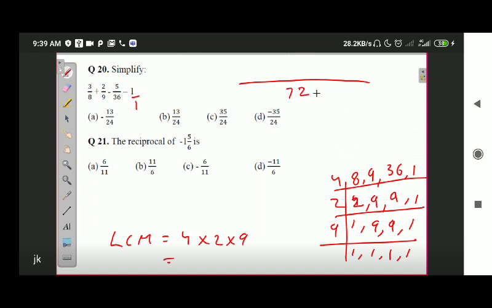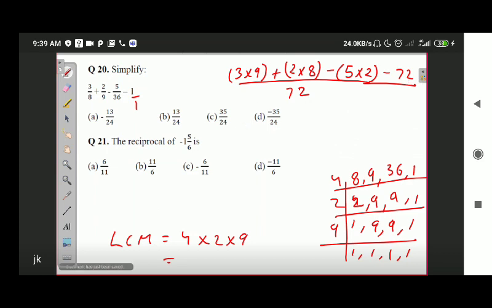So LCM is 72. 8 9s is 72, so 3 is multiplied by 9, plus 9 8s are 72, 2 is multiplied by 8, minus 36 2s is 72, 5 is multiplied by 2, and again minus 72, 1 is multiplied by 72.